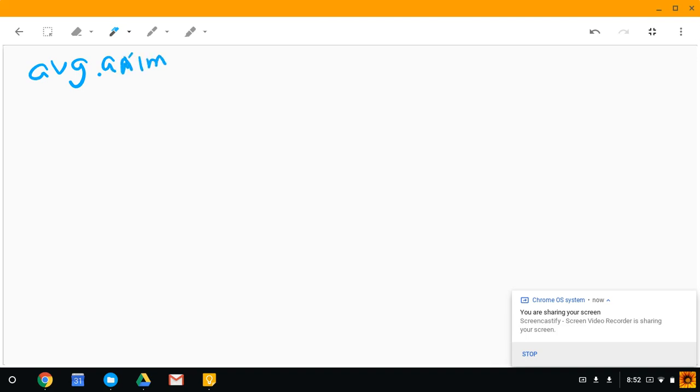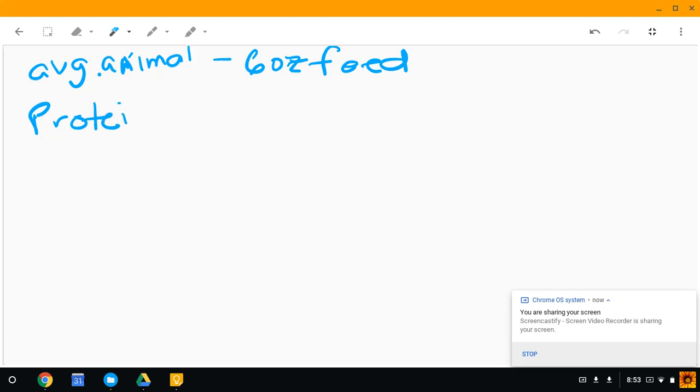So if I find out that my animal needs to eat 6 ounces of feed on average, and my unit is grams, I would need to convert my percent of protein to grams. So let's say that the animal needs protein, they need 12% in their diet.